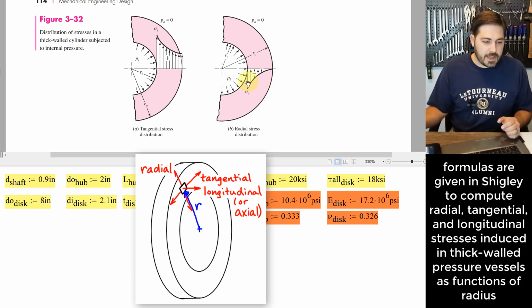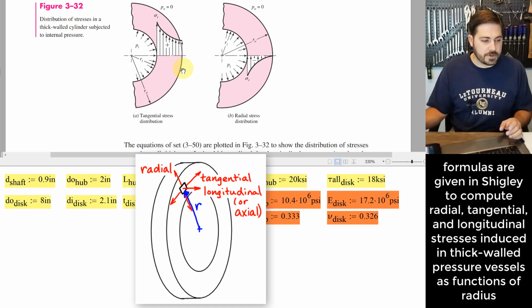You have a compressive stress that begins radially here on the inside, and that's compressive. It shows it negative down here, but then it tapers up to where you have zero stress on the outside if you have zero external pressure. So that gives us a visual of exactly how those stresses might distribute in a thick-walled cylinder.